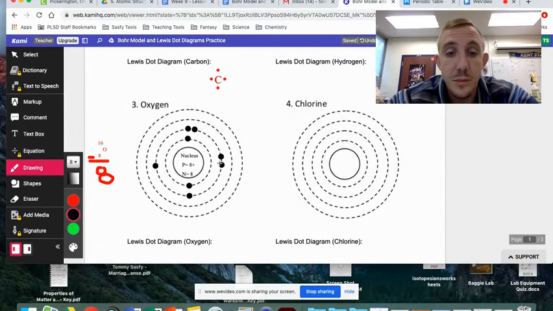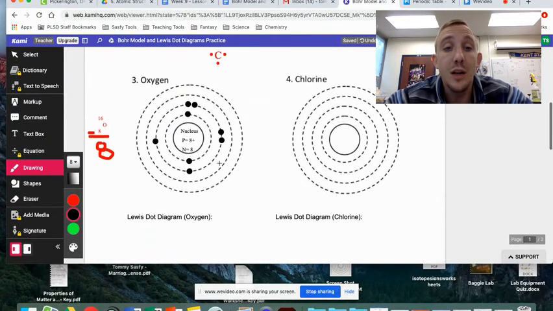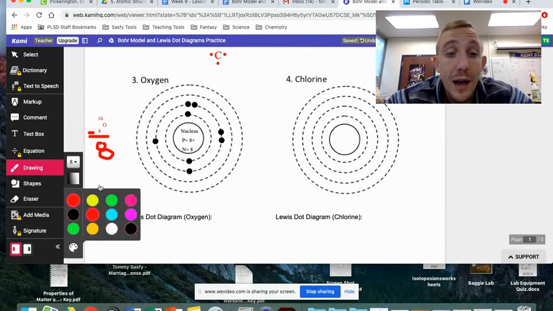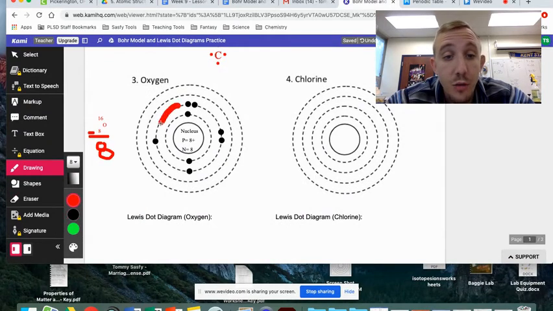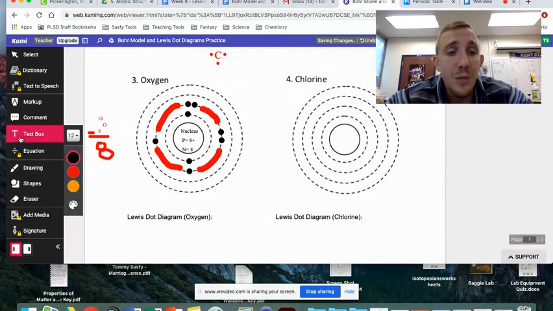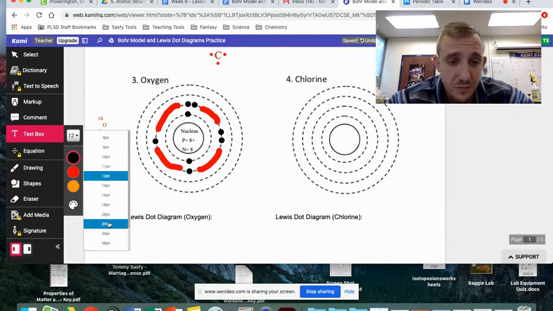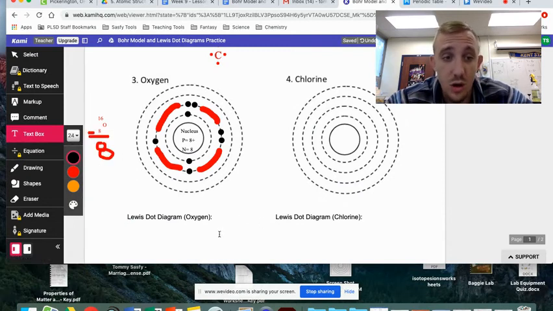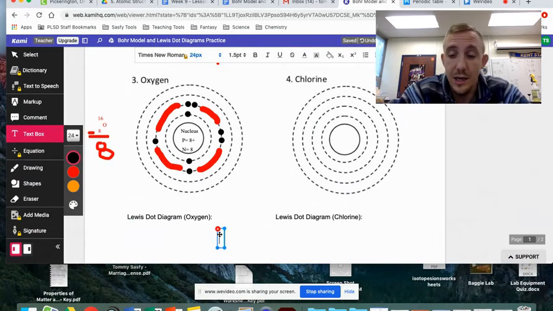So when I go to my Lewis dot, once again, I am looking on this outermost shell, and I'm highlighting it so you can see where I'm getting the electrons. We call these the valence electrons. These are my outermost shell. So I'm going to draw or write the element symbol.